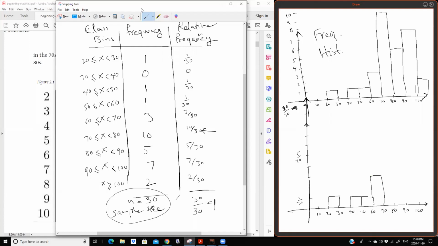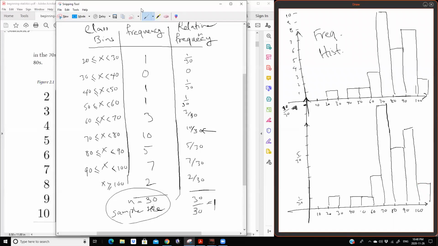Then you have 10 over 30, so it goes all the way up to 10 over 30. Then you have 5 over 30 for 80 to 90. Then you have 7 over 30 from 90 to 100. And finally, you have 2 over 30 for 100.